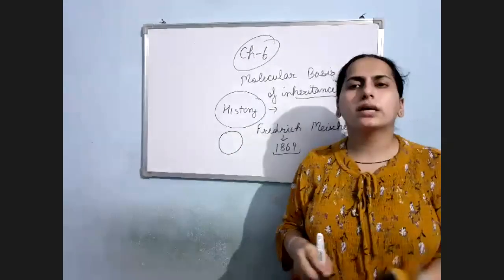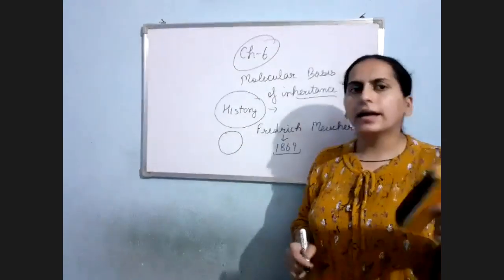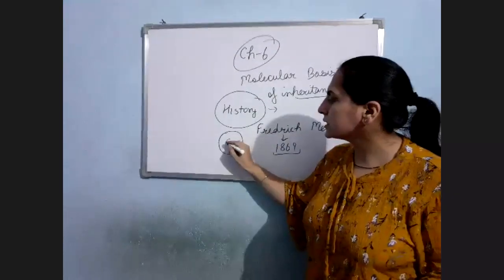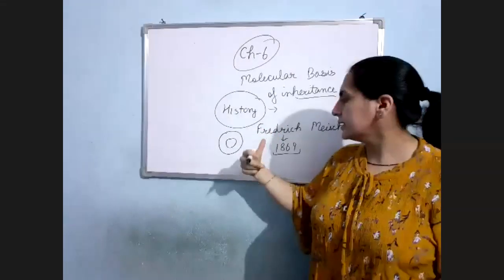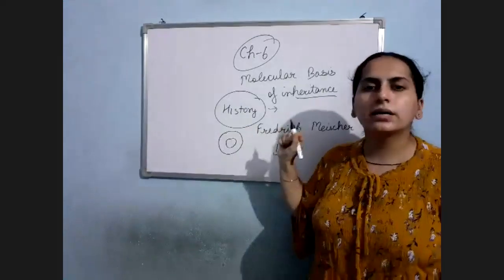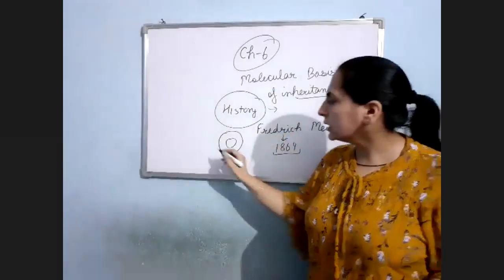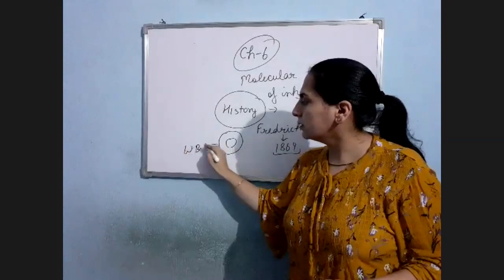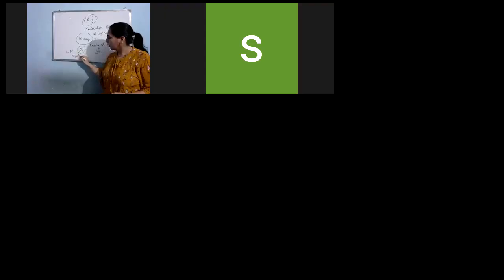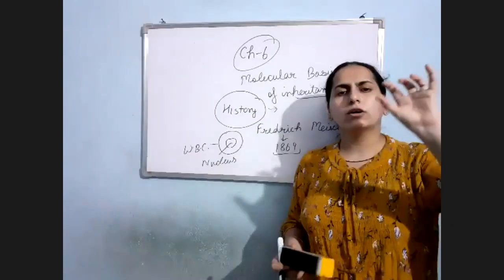As you know, our body is having white blood cells, and in the white blood cells, nucleus is there. So what this scientist did, he took white blood cells, and from the nucleus of white blood cells, he took out a kind of structure.